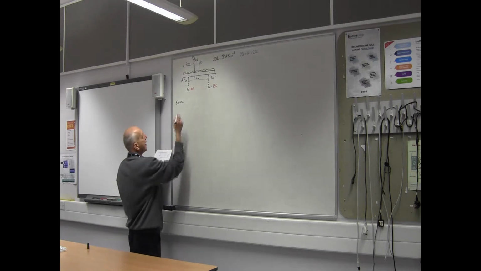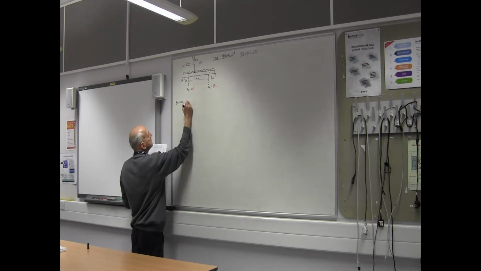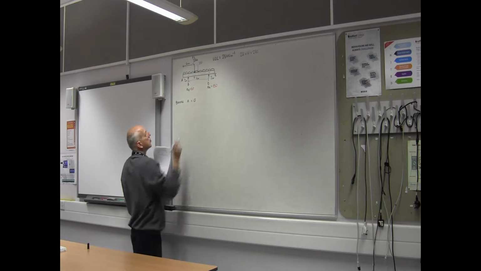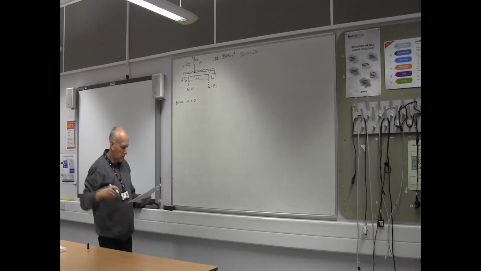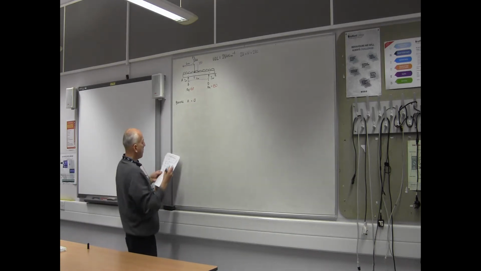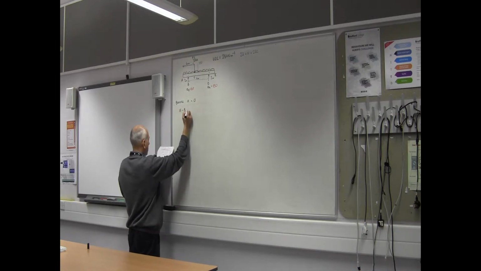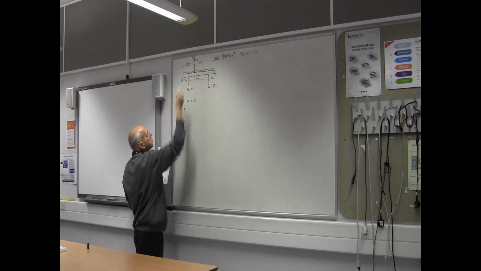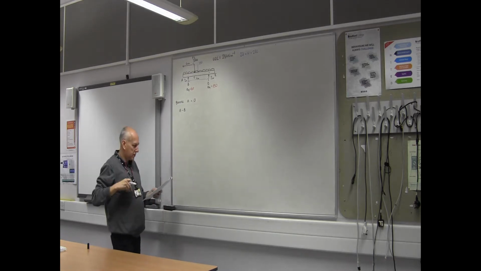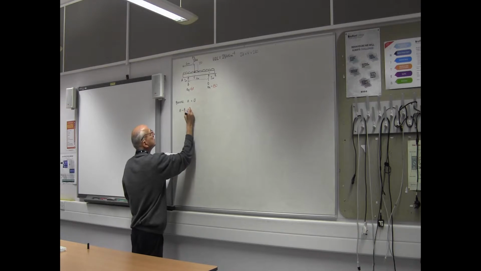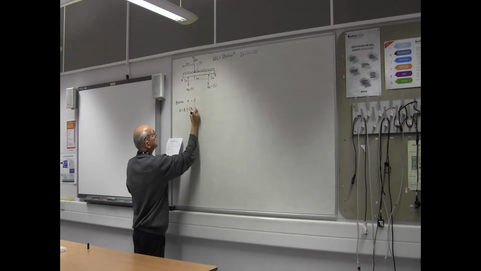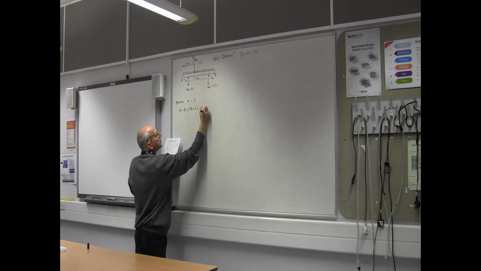So before A, there's nothing happening. There's no shear force on it. Then from A to B, we've got a distributed load starting to happen, so we've got minus 28 times 2, which equals minus 56.